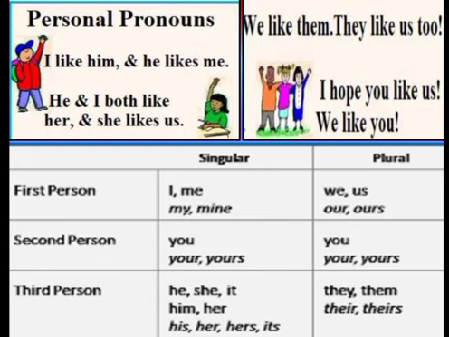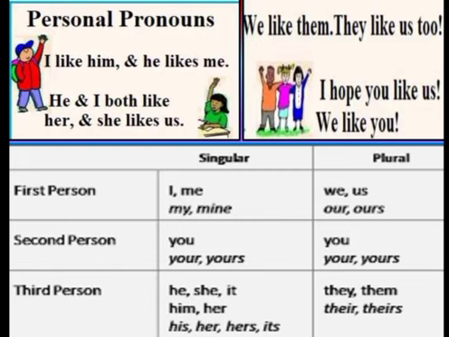In the first sentence I, him, he and me are all personal pronouns. You can see in the table given below whether it is in the singular form or plural form, but they are personal pronouns. Then in the second sentence, he and I, both are personal pronouns. Her, she, us are all personal pronouns.